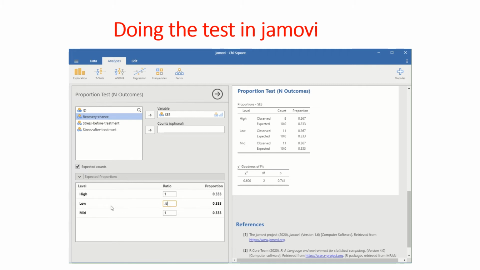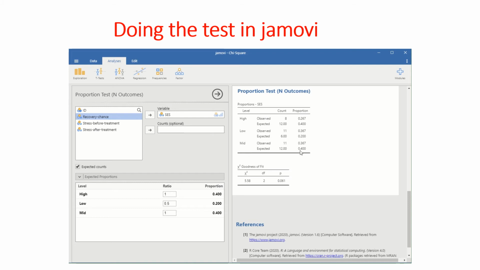So the number of people I expected to see in the low socioeconomic status group is half the number of people I expected to see in high and mid. And then you see it's almost on the border. So if you go to the low in the table, we expected to see 6, but we observed 11, almost 2 times bigger. And this difference is becoming significant.